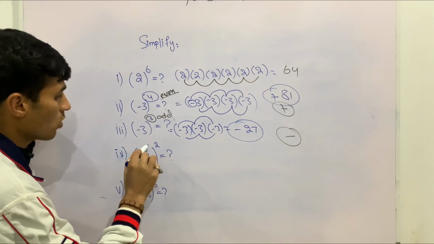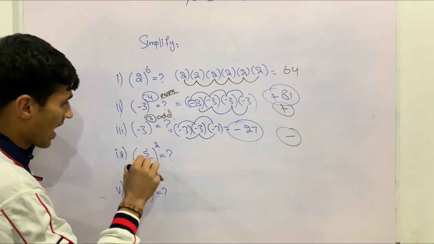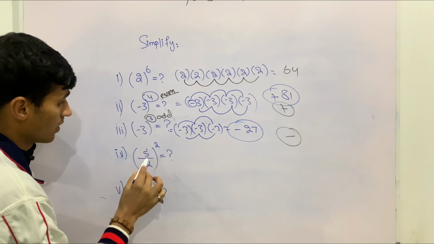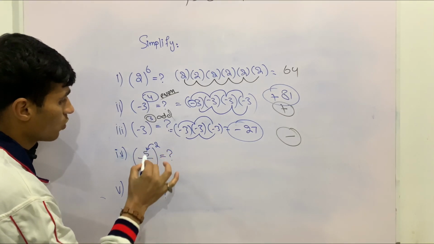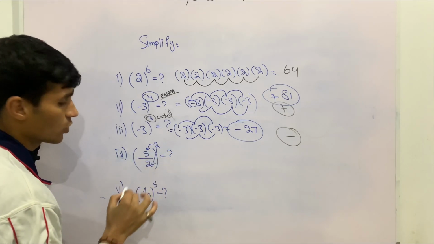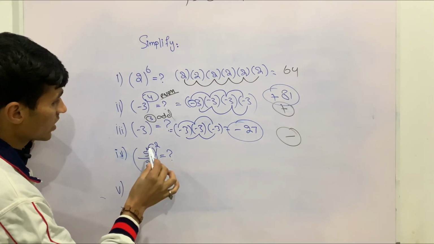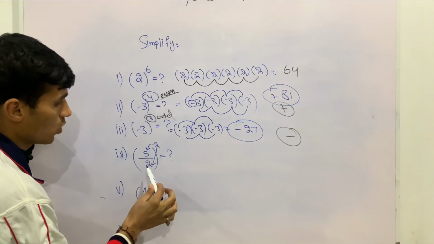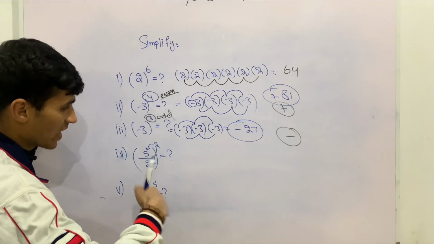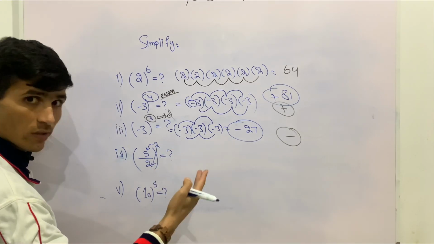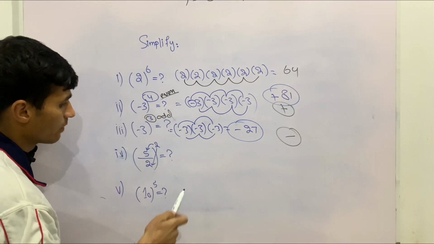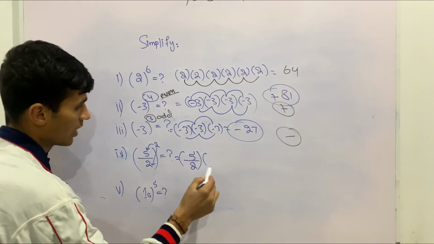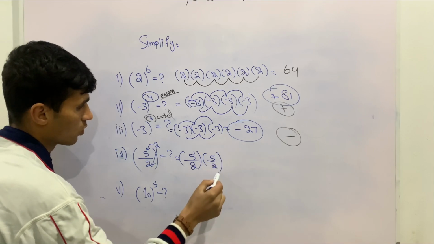The fourth one, look here. 5 over 2 whole to the second. This 2 belongs to 5, and also belongs to 2. So it means that 5 divided by 2, or 5 over 2, is multiplied with its own self twice. How? 5 over 2 into 5 over 2.